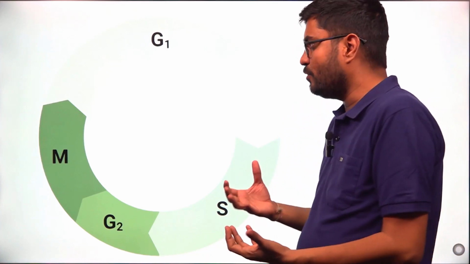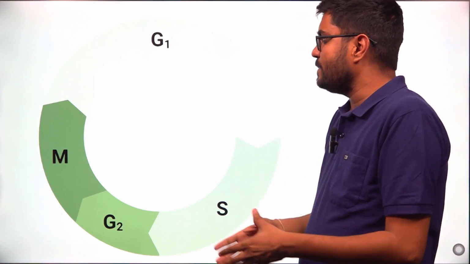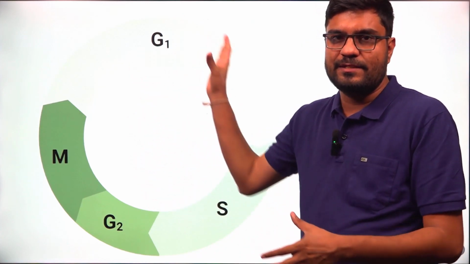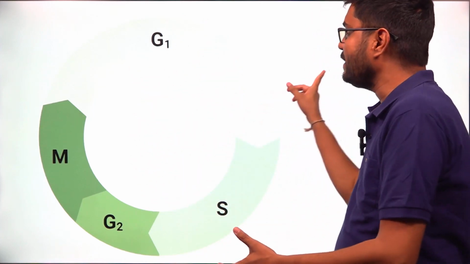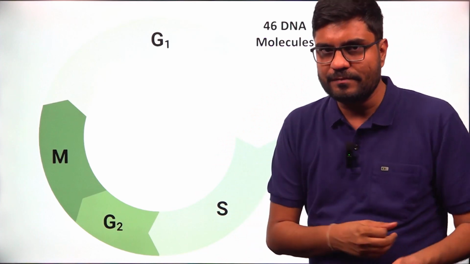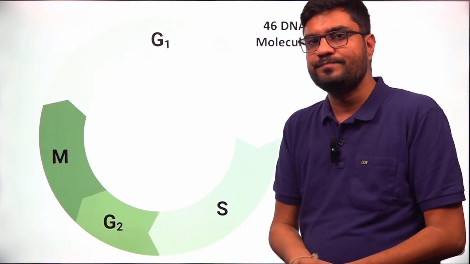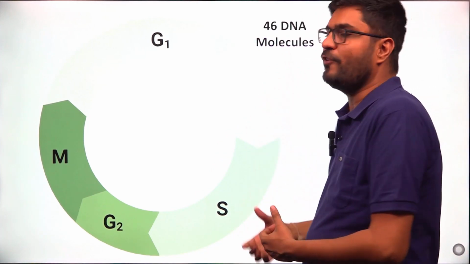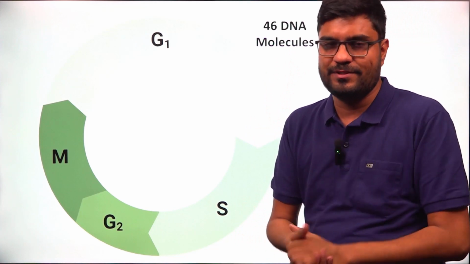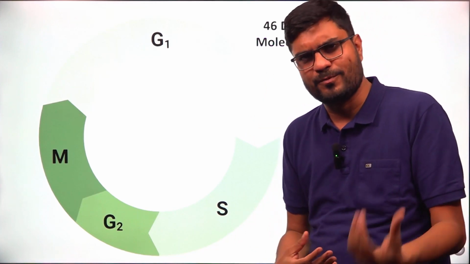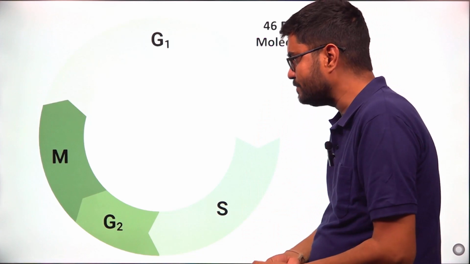What do I mean? The answer is very simple. In G1, let's say the cells are from human. So we know that in G1 phase, cells are resting. They are preparing for the cell cycle. So they contain 46 DNA molecules, right? 46 chromosomes or 46 DNA molecules.